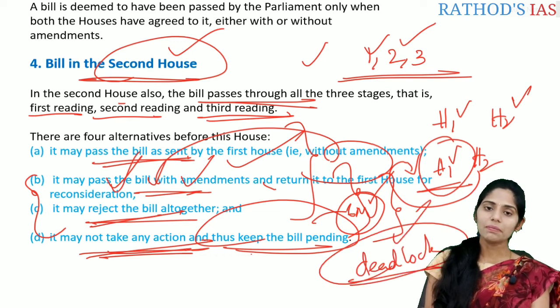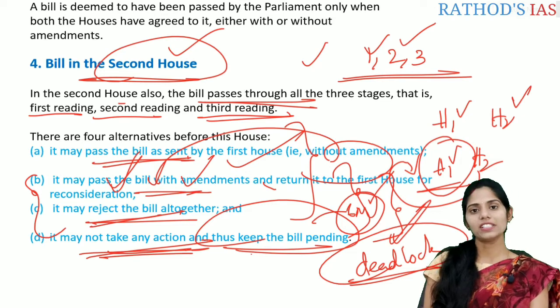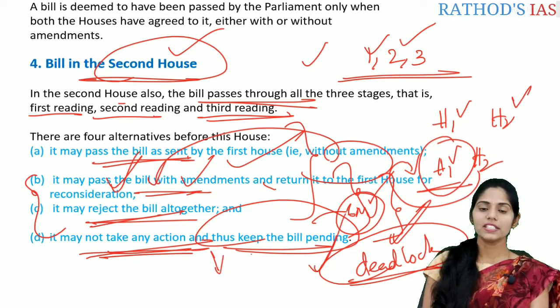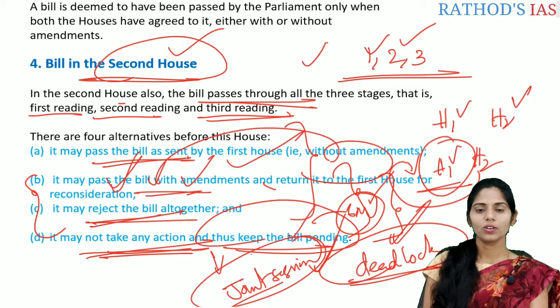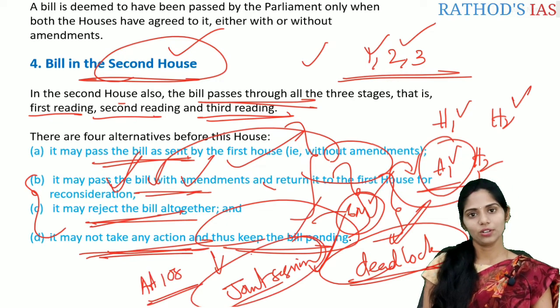So if that bill is very urgent and should be passed at any cost, in that condition what happens? The President will come up with a joint session, according to Article 108 of the Indian Constitution.